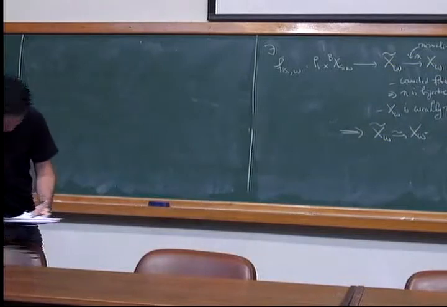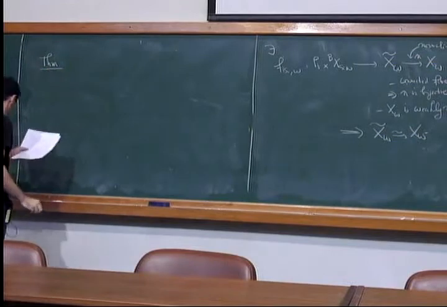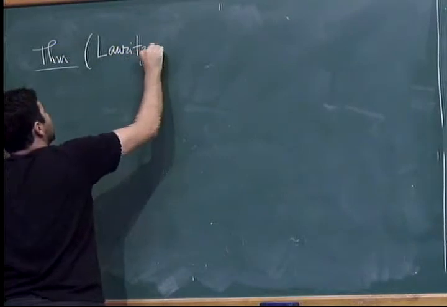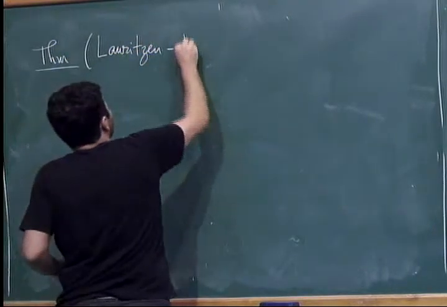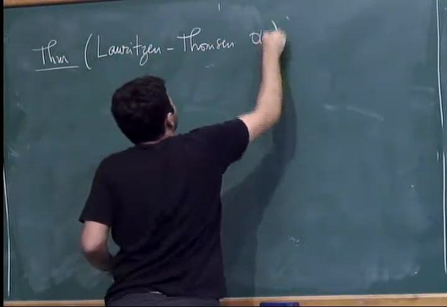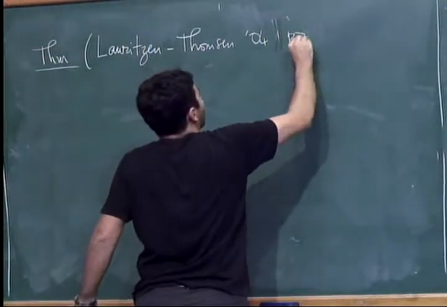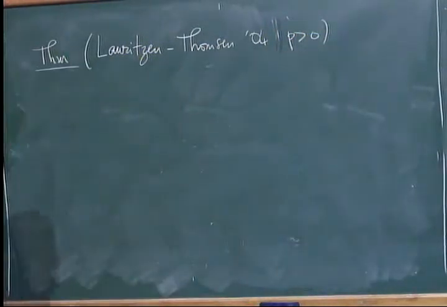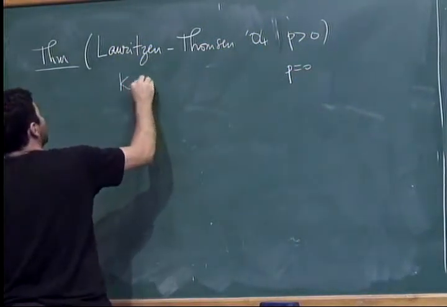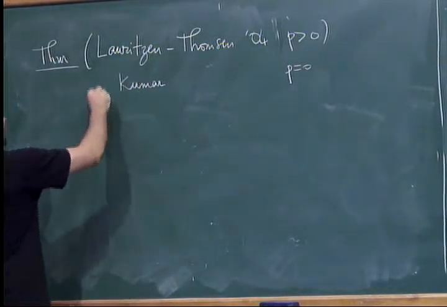So this is a theorem, the last one, due to Lauritzen and Thomsen in 2004. So this is for positive characteristic. It was already known for p equal to 0 and due to Kumar. I don't know the year.